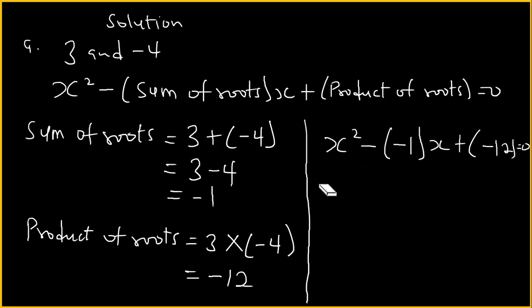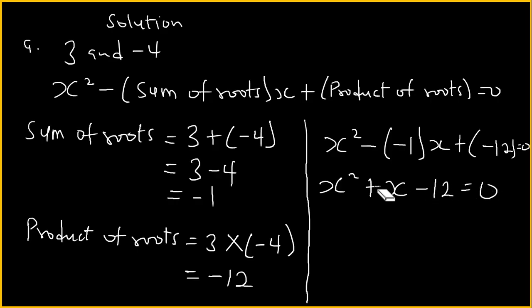So let's simplify. x squared minus, tends to addition, so plus 1x, and 1 times any number gives us the same number, so the variable x, plus -12 also gives us -12, equals 0.